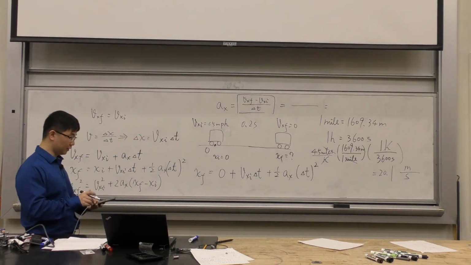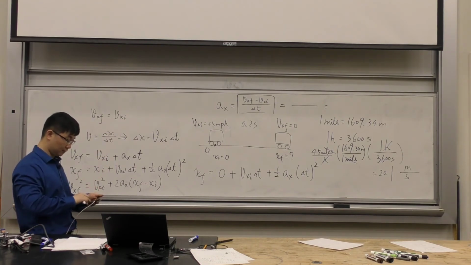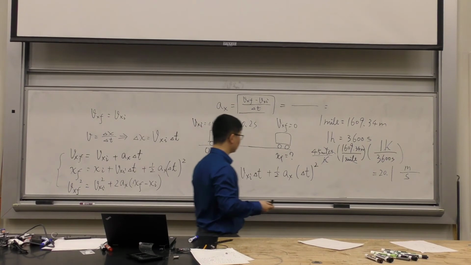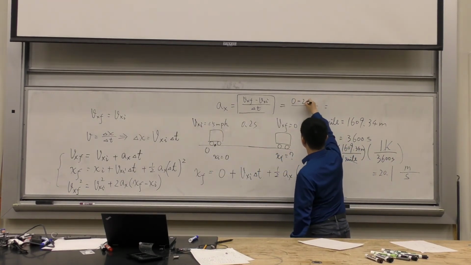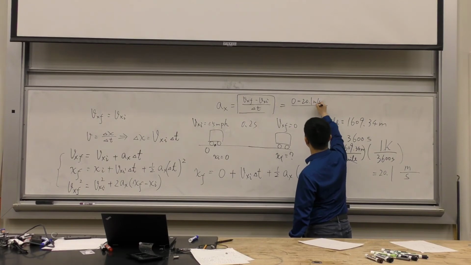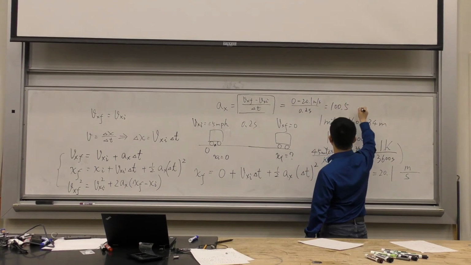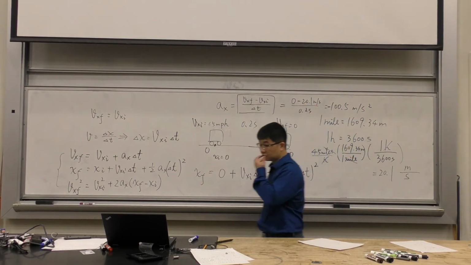Now you can use this Vxi and find the acceleration. The acceleration is going to be 0 minus this Vxi, and then divided by the time. So you get 100.5 meters per second squared with the negative sign, because you get a negative number at the top.